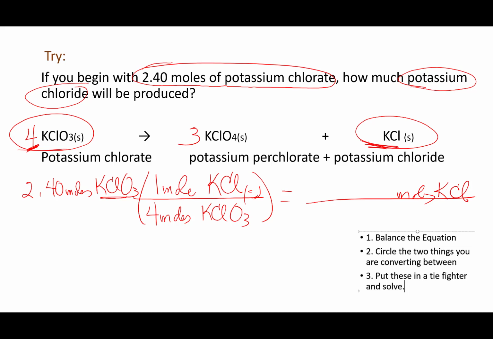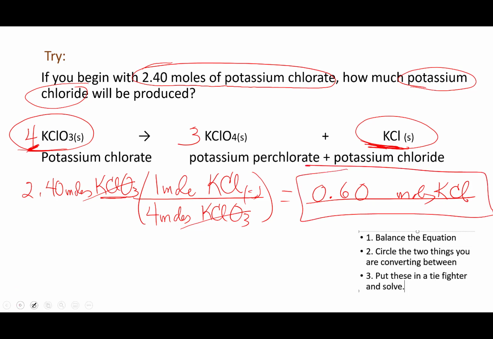That's that ratio. For every 1 potassium chloride, you have to, in this chemical reaction, have 4 potassium chlorates. This I'm going to have to pick up my calculator for. Can't do this one in my head. And when I do it, these cancel and I end up with 0.60 moles of potassium chloride.